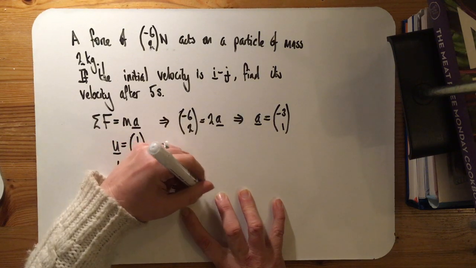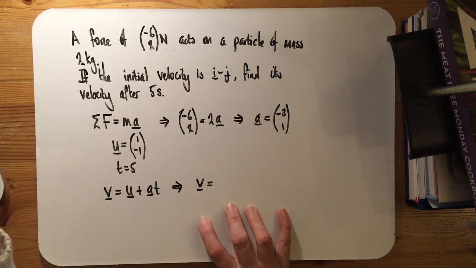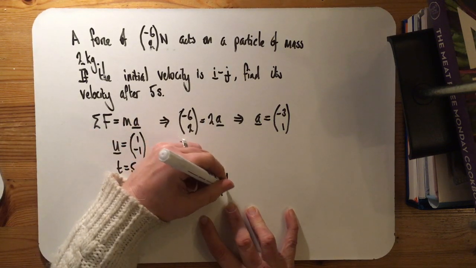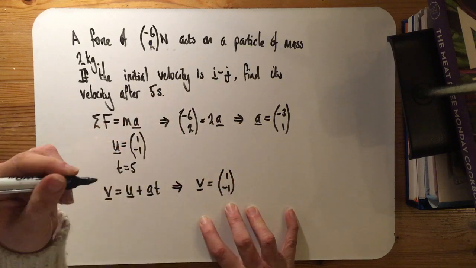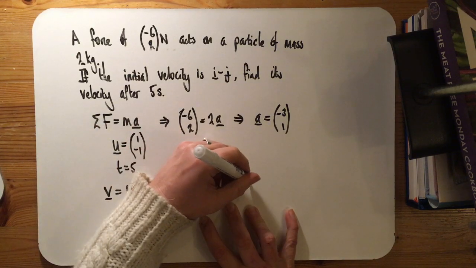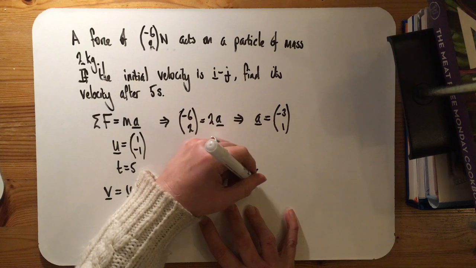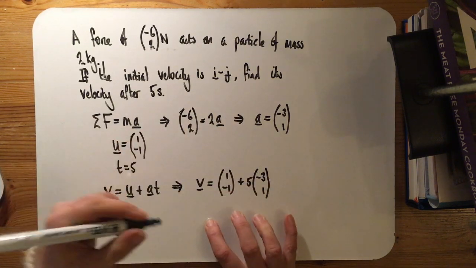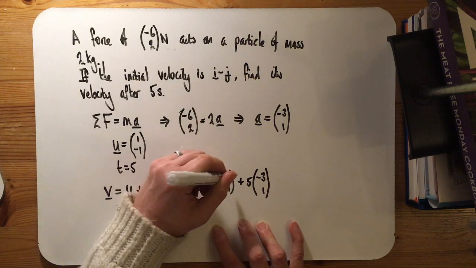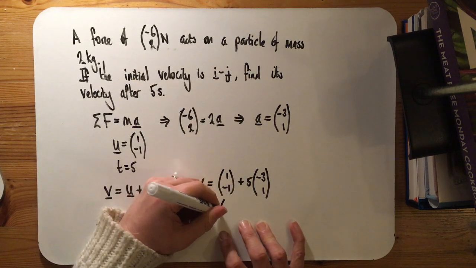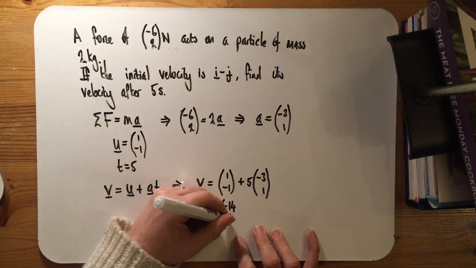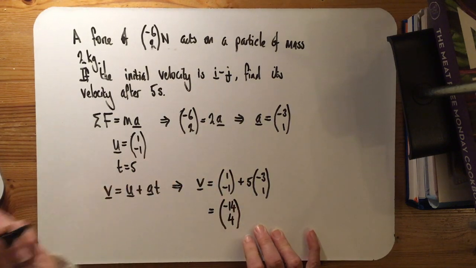And so v is equal to my initial velocity, which is (1, -1), plus 5 lots of the acceleration. So we get 1 - 15, which is -14, and -1 + 5, which is equal to 4.